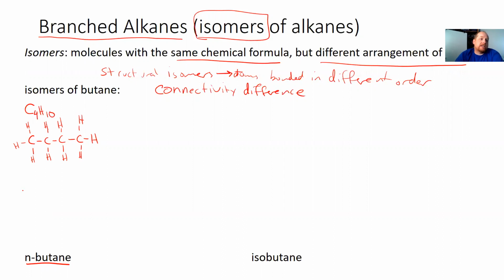And then you've got your condensed structural formula, CH3, CH2, CH2, CH3. And there are some other condensed structural formula versions. This is the most condensed version of the structural formula.